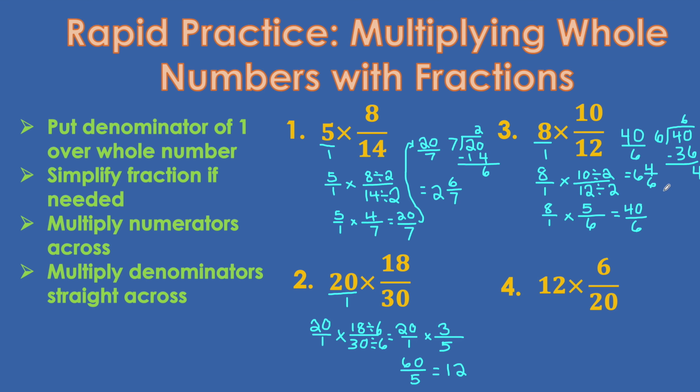Now we are not finished. We can simplify it even further. Let's write over here. 6, 4 over 6. We can divide top and bottom by 2.